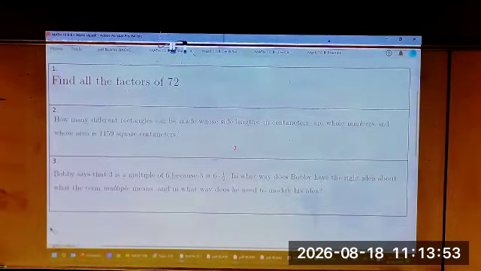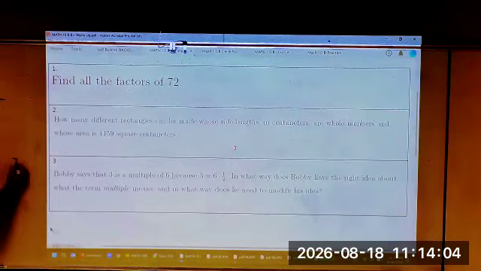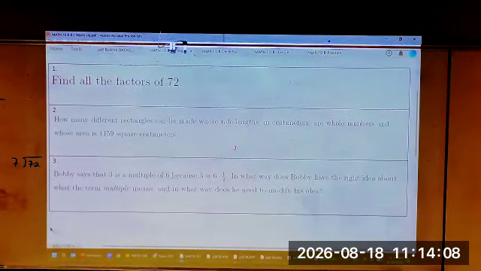Does 7 work? I don't think so. If you were dividing 7 into 72, how close could you be? 10, almost.